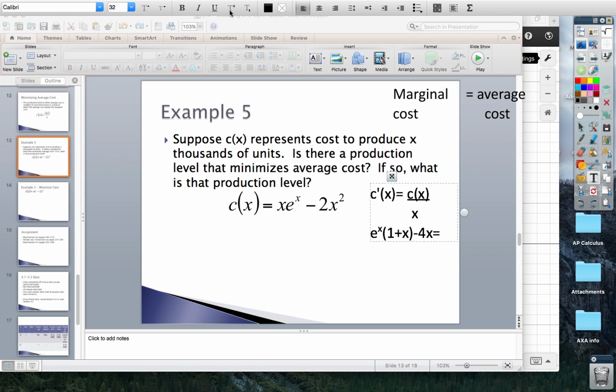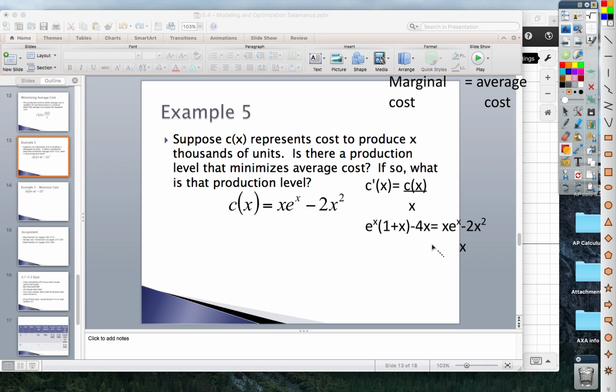It was x e to the x minus 2x squared, all divided by x. So we're just using that formula of marginal cost equal to average cost.